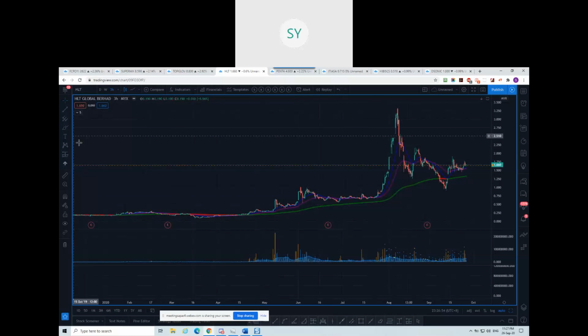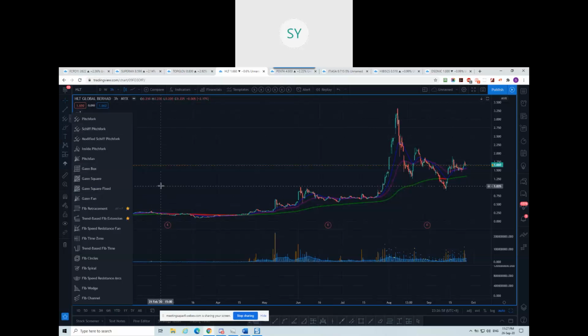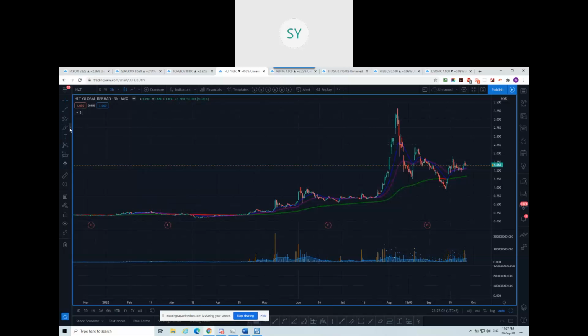You can see that the price is making higher high and higher low, just like we learned just now. Of course, these are actually smaller structures.